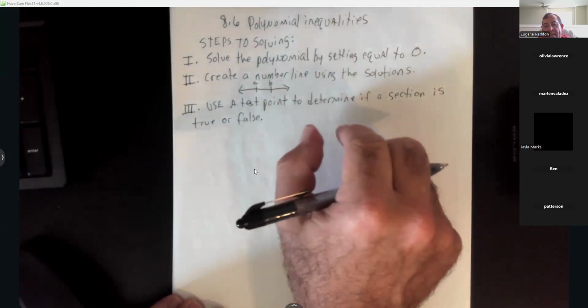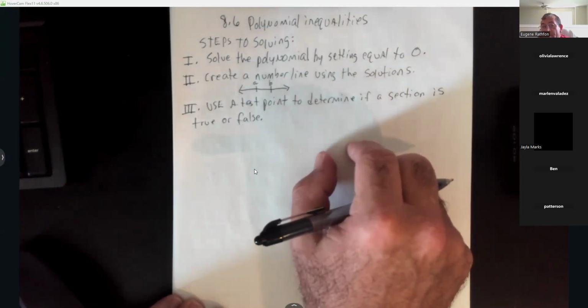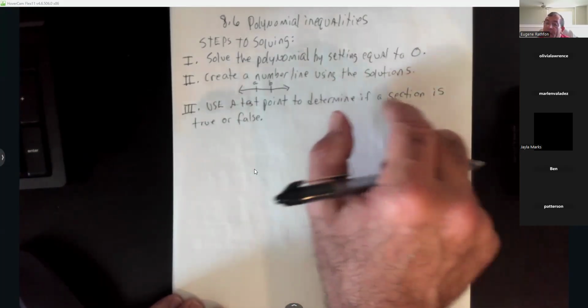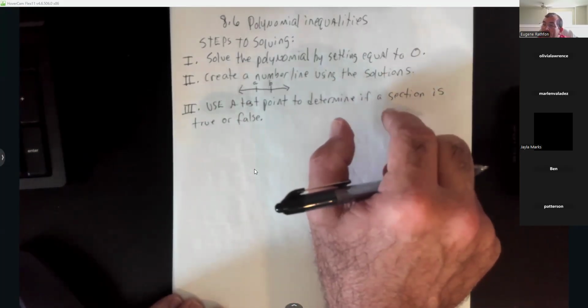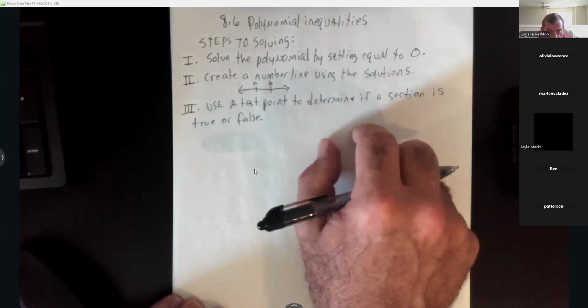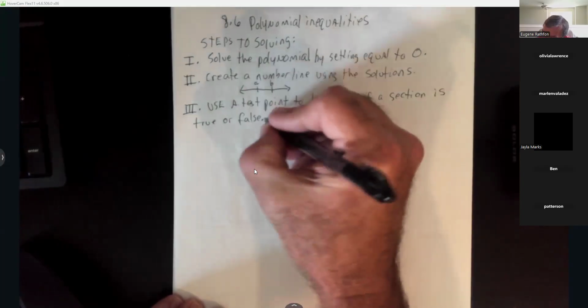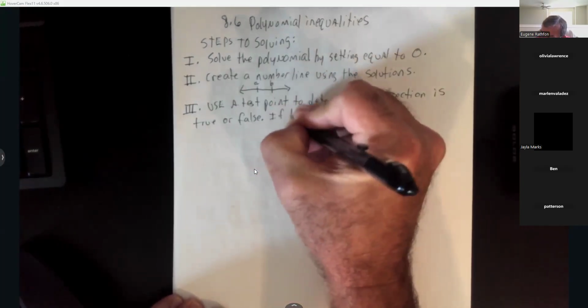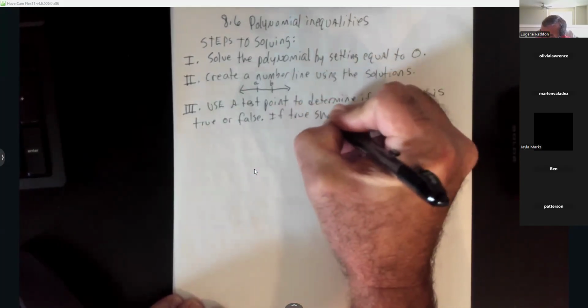So I get a test point, and I usually use 0 for my test point, but you test it by putting it back into the original polynomial and seeing whether it's true or false, okay? If it's true, shade that section.